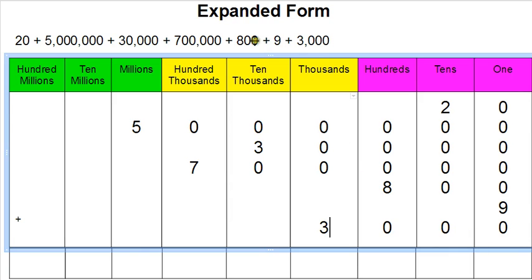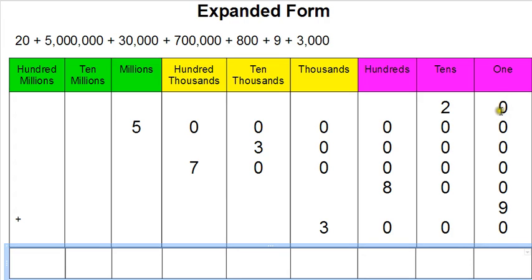So these weren't in order from greatest to least, but even then, if I turn my paper sideways and put them in the correct place using the spaces in between the lines, it'll work out nicely. 0, 0, 0, 0, 0, 9, 0, that's just 9. 2 and all these zeros is 2. All these zeros plus 8 is 8.